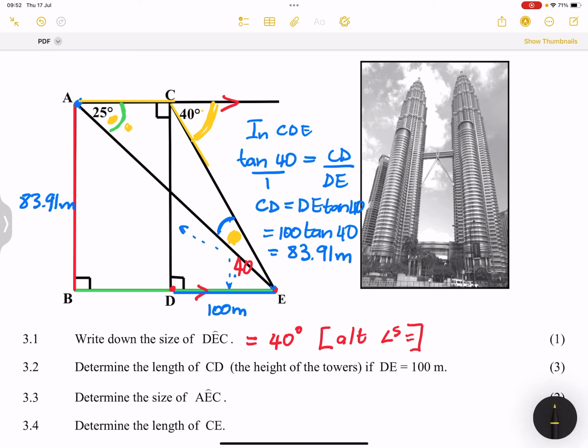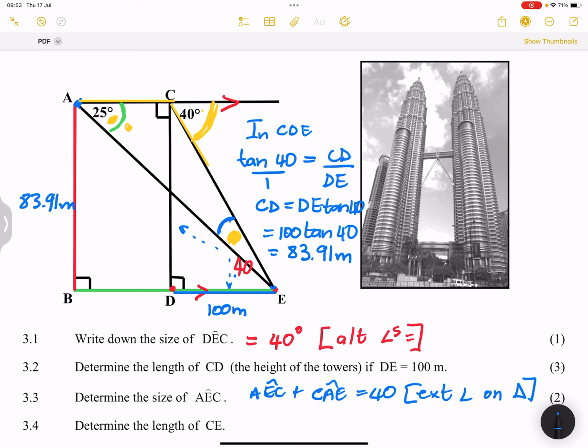So I'm going to write that down. So it means AEC plus CAE, that's equal to 40 degrees, and that's the exterior angle of a triangle, right?